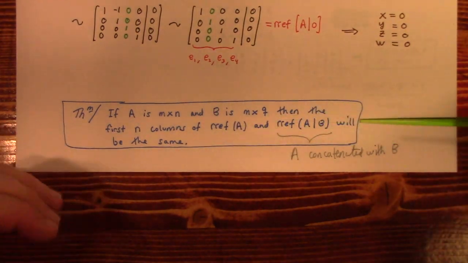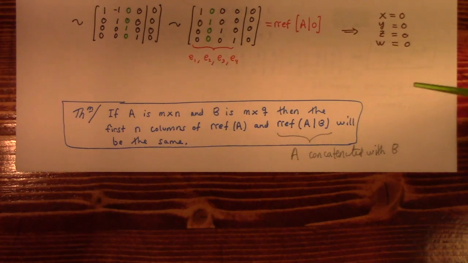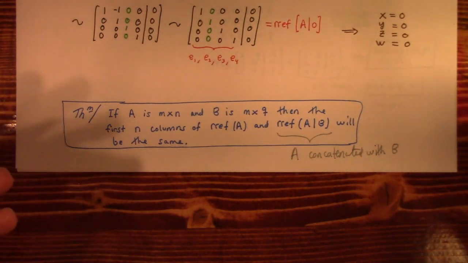But the point is that the row reduction, the Gauss-Jordan elimination, that's the name of that algorithm, okay?